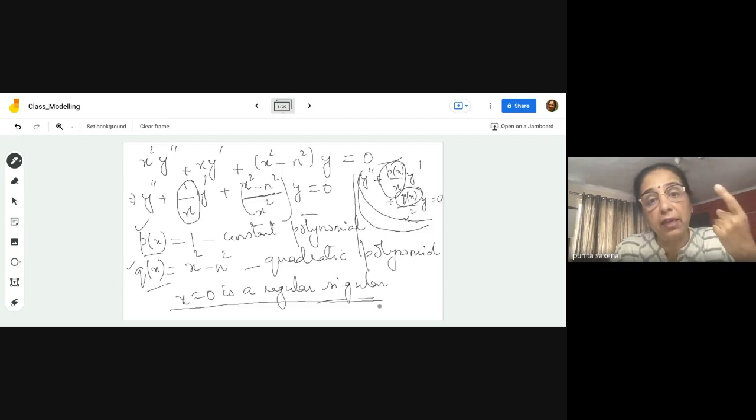As I mentioned, regular singular points are those singular points from where singularities can be removed. If the singularities can be removed, then they become as good as ordinary points, and therefore the logic of finding power series solutions for such differential equations becomes valid.